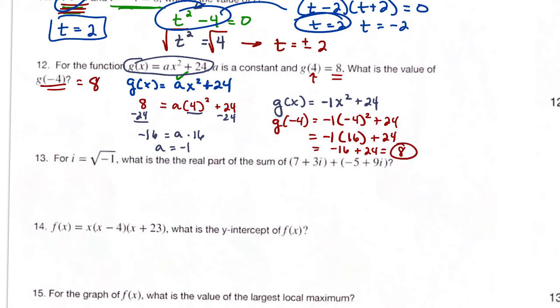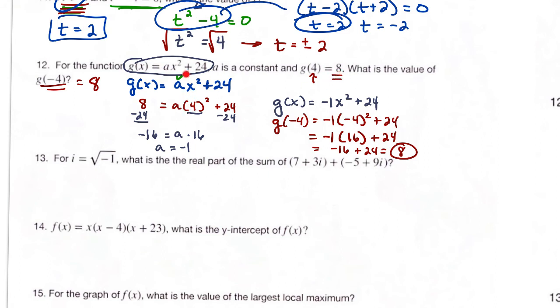Now, if we were clever, though, we would have noticed something. This function, when you put in this x and square it, x squared is always going to be a positive number. And so when you put in a 4 and you square it, you get a 16, then it gets multiplied by a and you add 24, and out comes an 8.